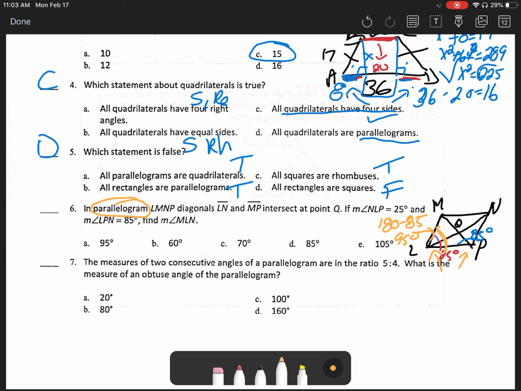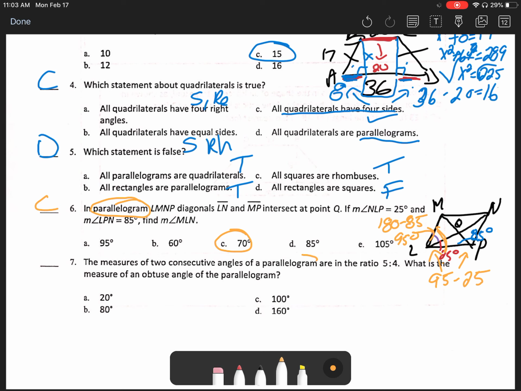That's 95. That little red part is 25, so it's going to be 95 minus 25, which is 70 degrees, so C.